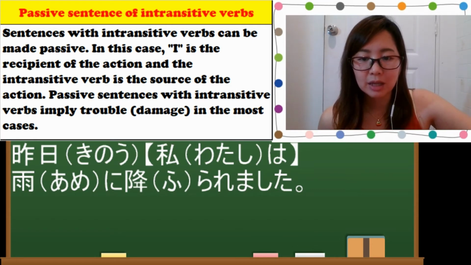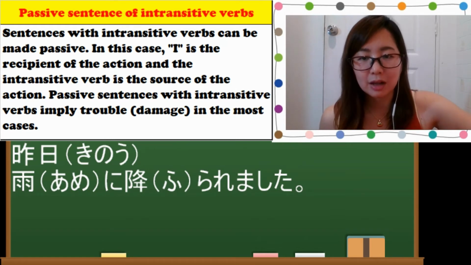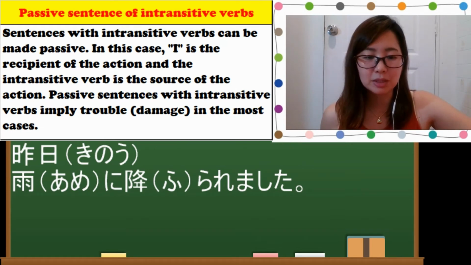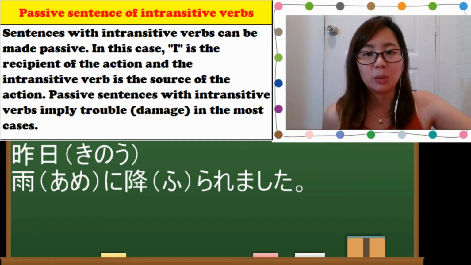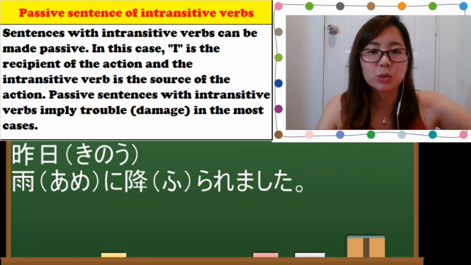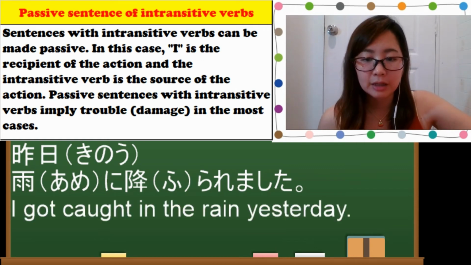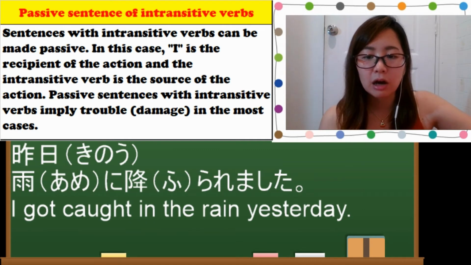We can also say 昨日雨に降られました, because we understand that you are the one who is the recipient of the action. So this one has a nuance of getting into trouble or being damaged. So the English meaning will be, I got caught in the rain yesterday.